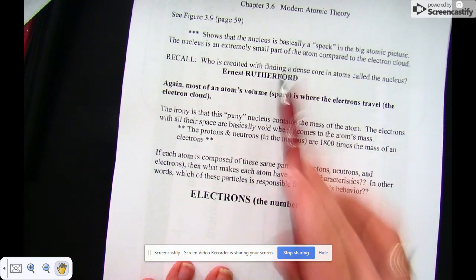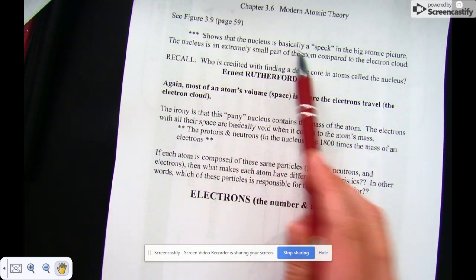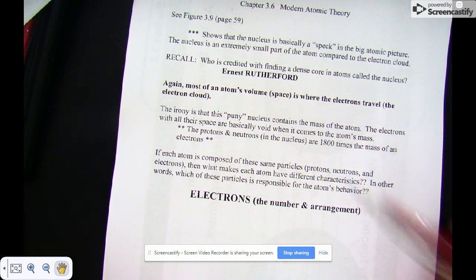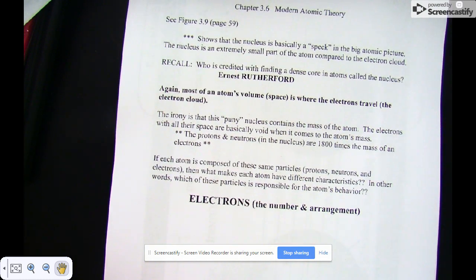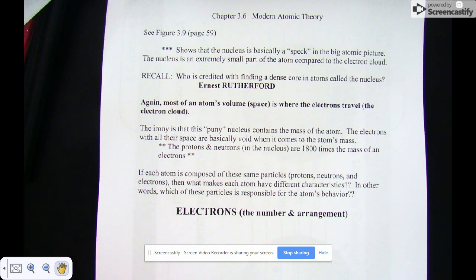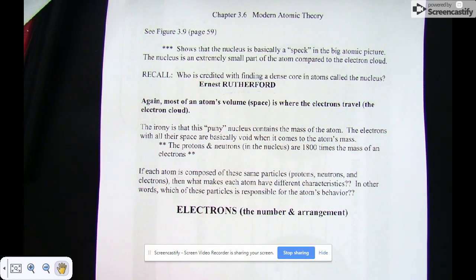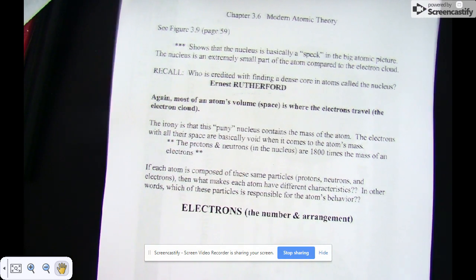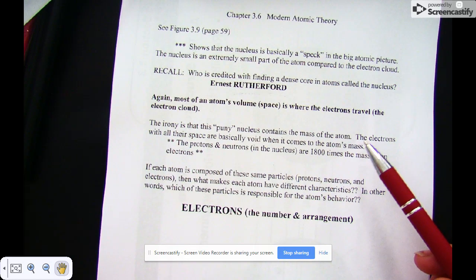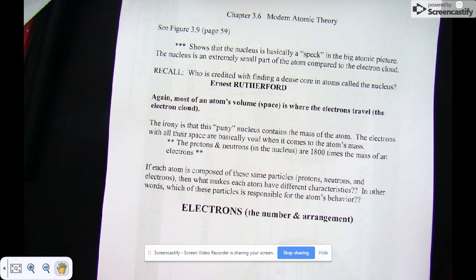Okay, so that picture shows that the nucleus is basically a speck in the big atomic picture. It's really an extremely small part of the atom compared to the electron cloud, which is where all the electrons hang out. Remember again, nucleus, Rutherford, those two things go together. Do you think you might be asked to know that on a test? Again, most of an atom's volume, the space, is where the electrons are.